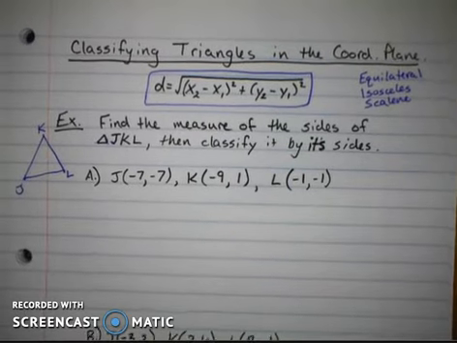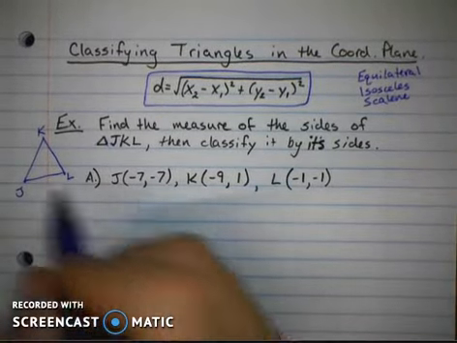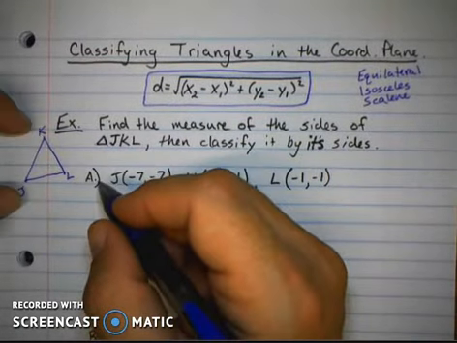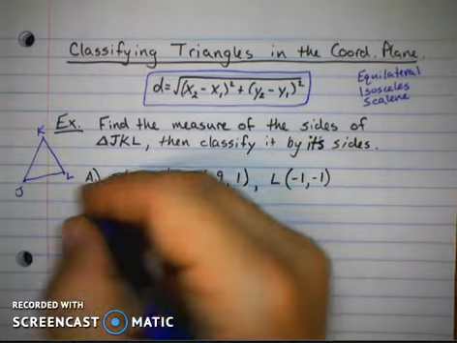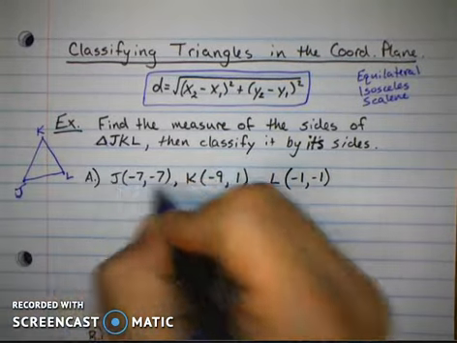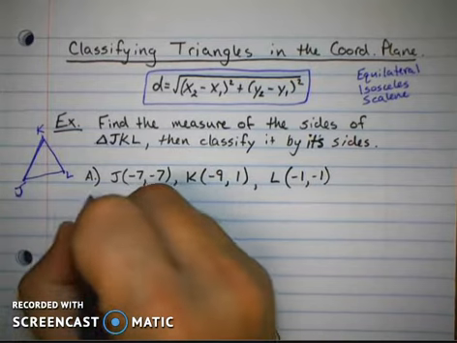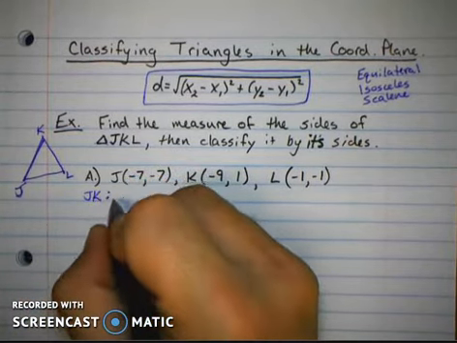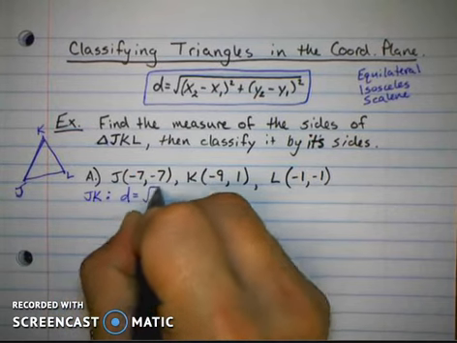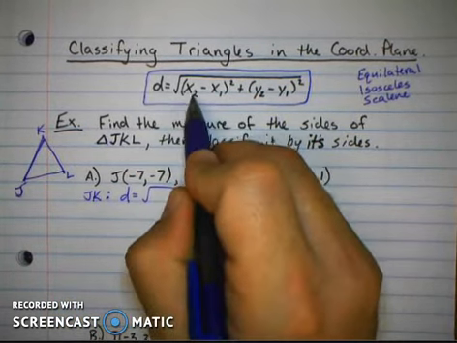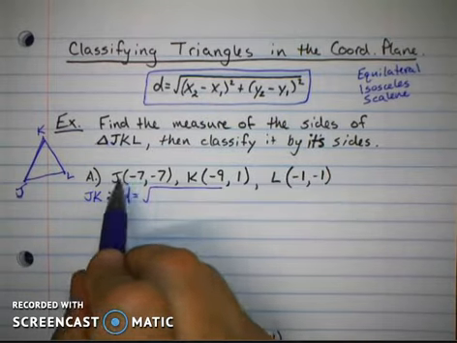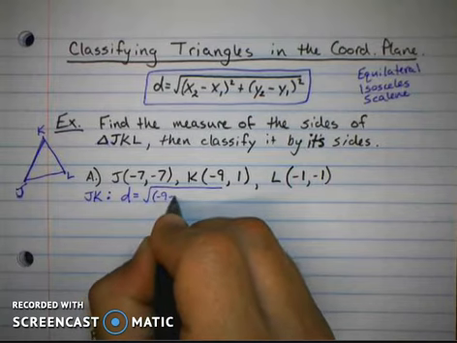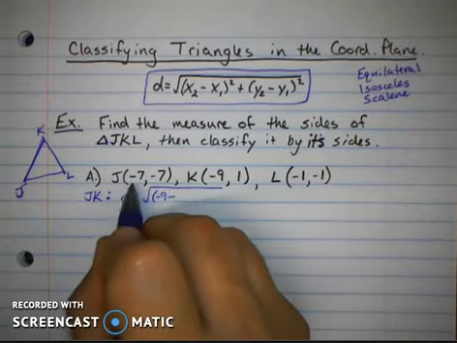Okay, so in order to do this problem, we're going to take a look at all 3 sides, and we're going to use the distance formula to find the length of each of the 3 sides. So first let's just pair up J and K. That would be this side. So we're going to find the length of JK by using your distance formula. X2 is the second x-coordinate, so if I'm looking at points J and K, the second x-coordinate is -9, minus the first x-coordinate, which would be -7.